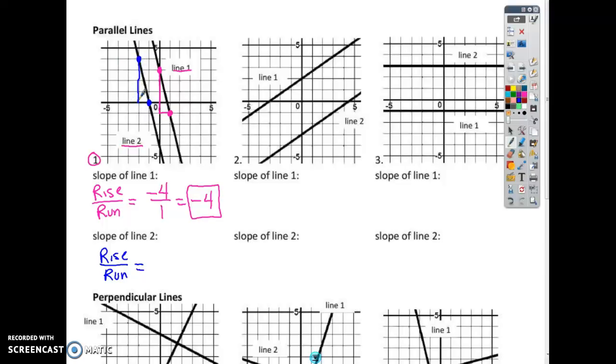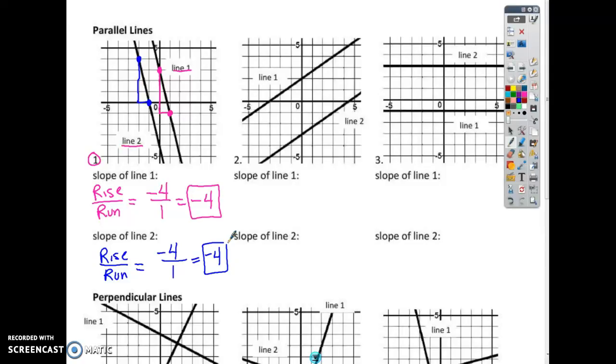I went down, right? So it's negative 4. Over how much do I run? 1. Rise over 1, negative 4 divided by 1 gives you what? Negative 4. So what did you notice about those two parallel lines? They have the same slope.